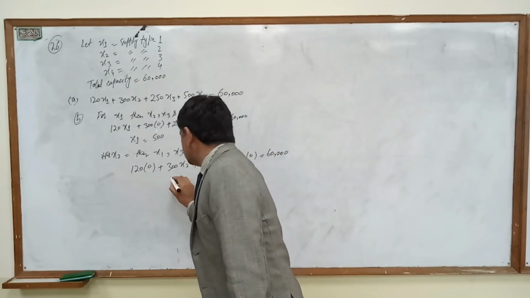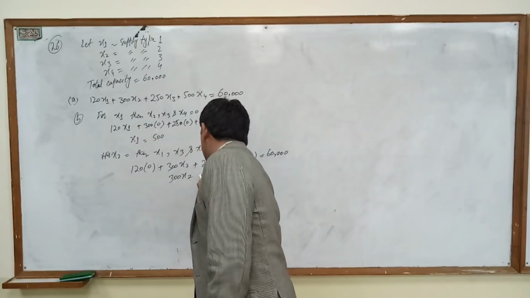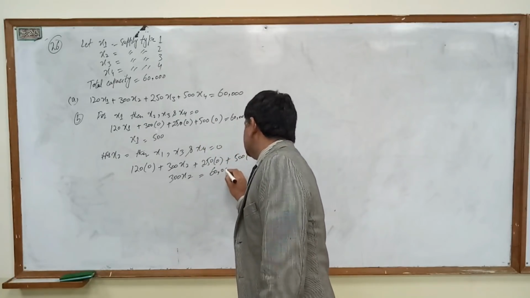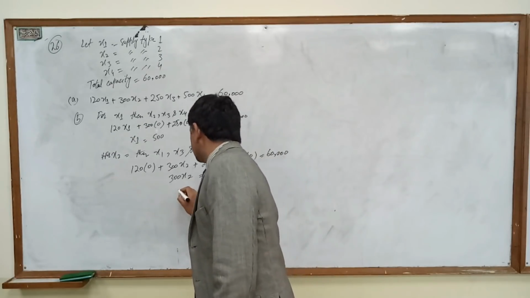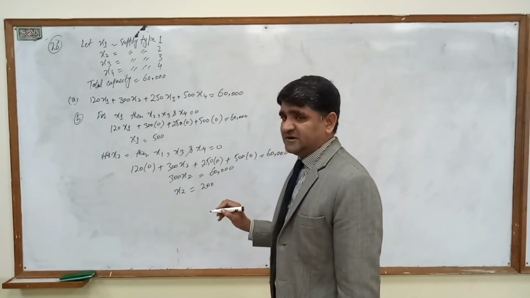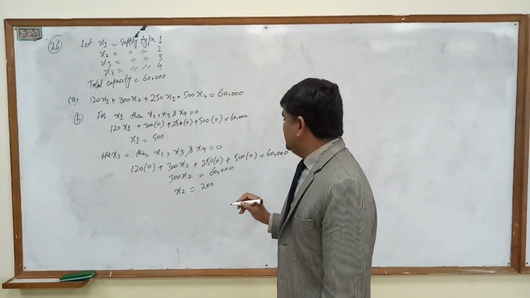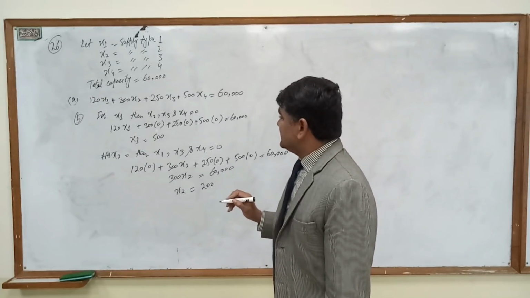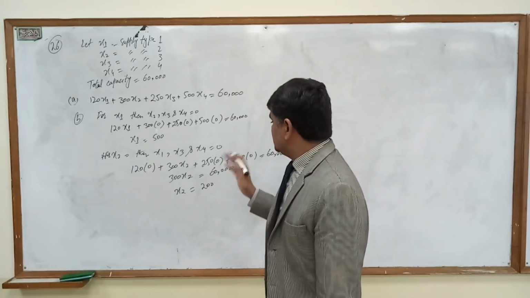So 300 x2 is equal to 60,000, and x2 is equal to 200 containers. The number of containers of supply 2 will be 200 if they leave the rest of the supply types.